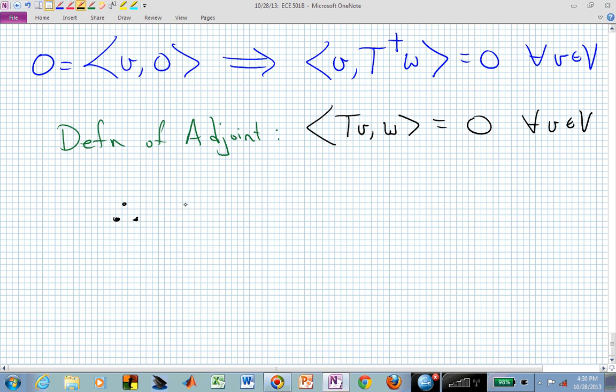That W and whatever is in the first slot as a vector are orthogonal.